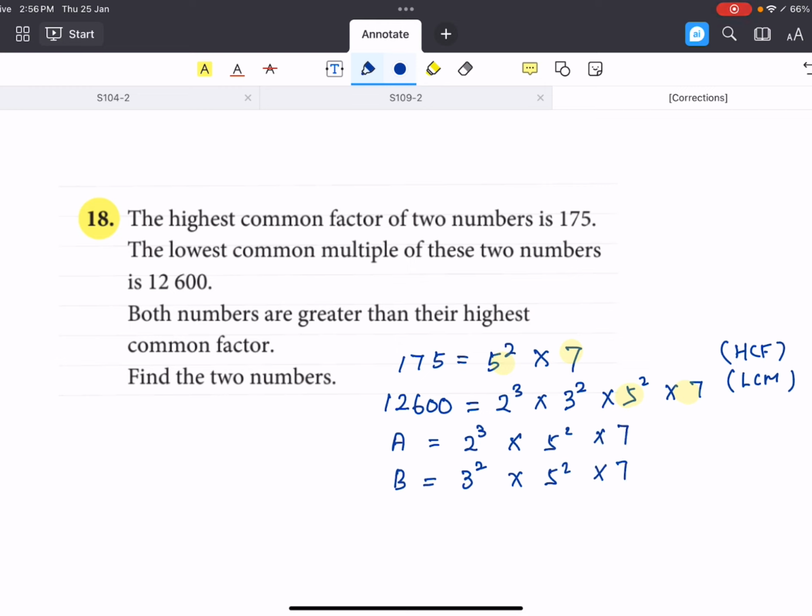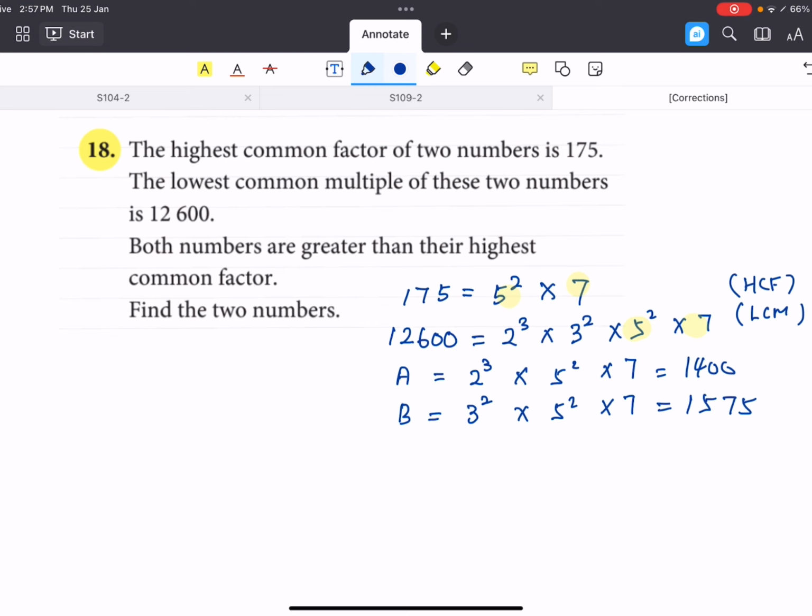So we just allocate them accordingly, and then let's work it out with our calculator. So 8 times 25 times 7 will give us 1400 over here, and on this side, 7 times 25 times 9 gives us 1575.